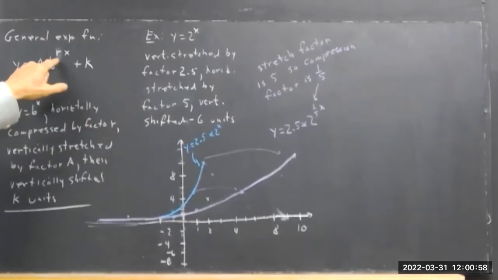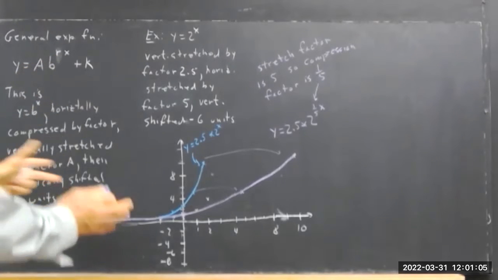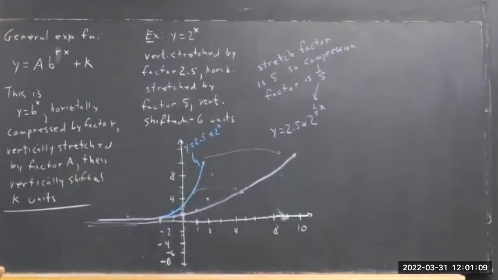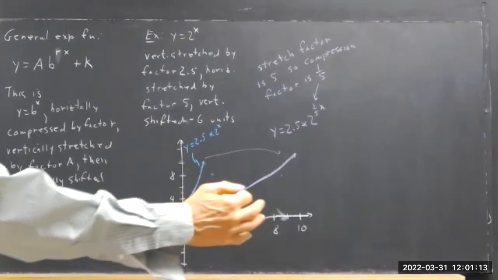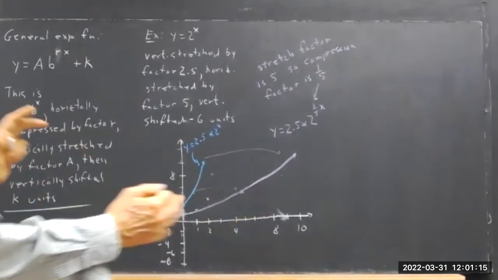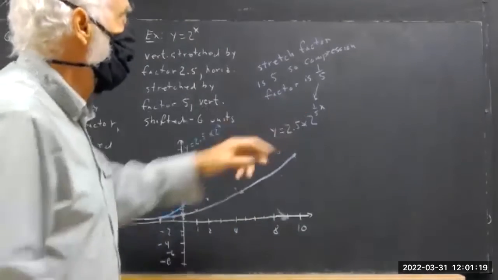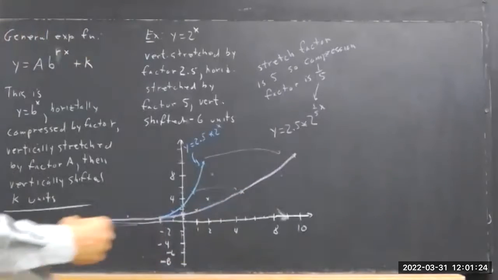Compressed by factor R, that's where the compression factor goes. So a compression factor less than 1 stretches out your basic function. A compression factor of more than 1, like a compression factor of 2, is going to move everything twice as close to the y-axis. So a compression factor of 1/5 stretches you 5 times. So you can see this is stretched out 5 times as long, right?